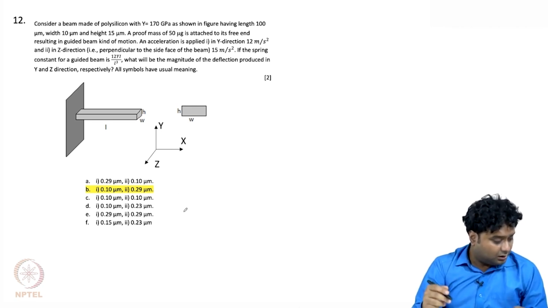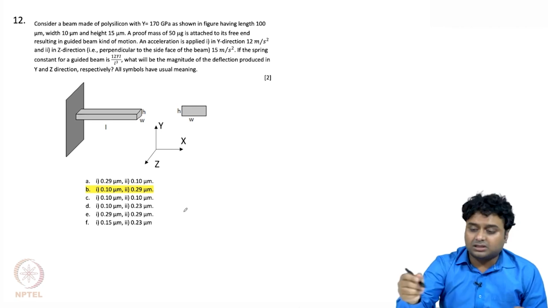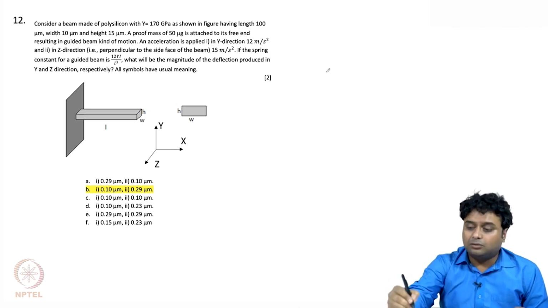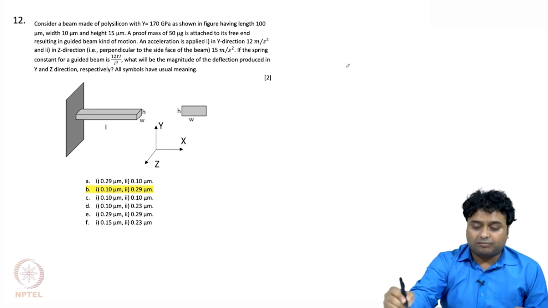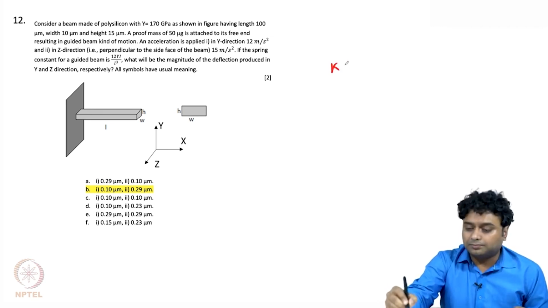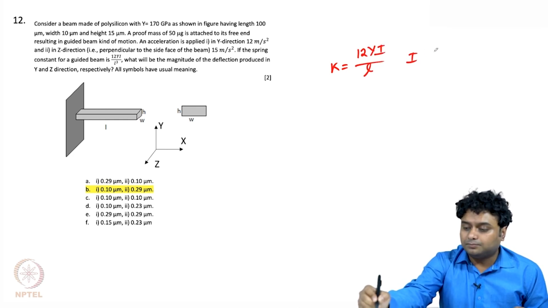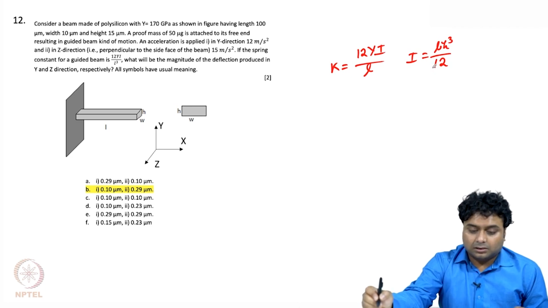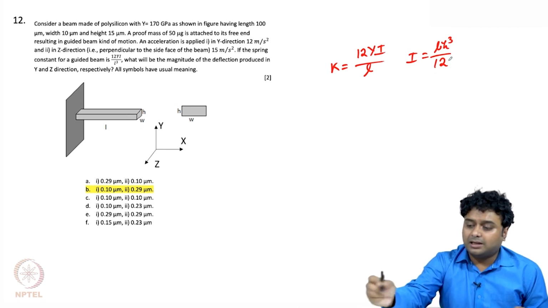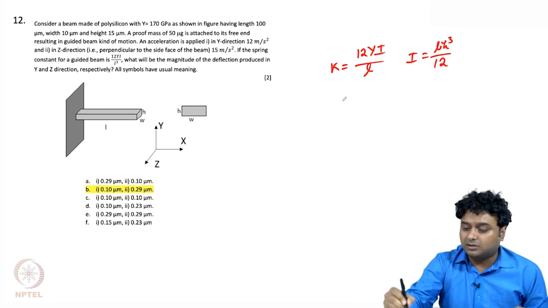You are already saying that this is the correct option, but how do you calculate? It is the same, you just need to put the formulas, but you need to be careful about a few things. First of all, k equals 12 EI by L cube. Now I is equal to b h cube by 12, right? For the y direction, I can directly put that, b h cube by 12.